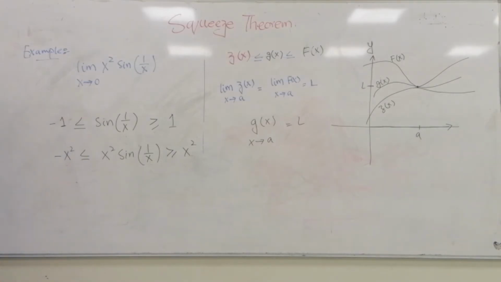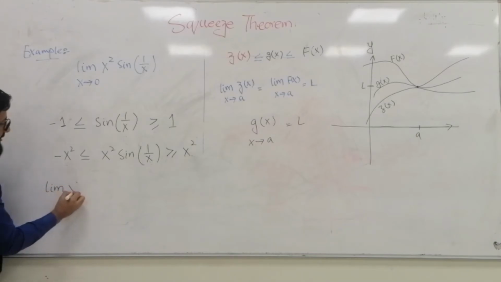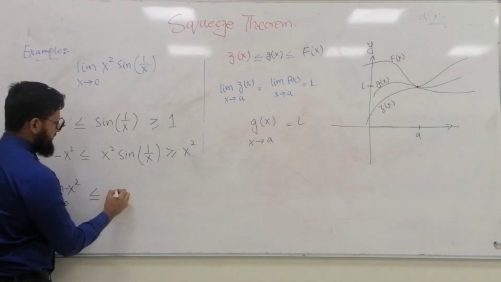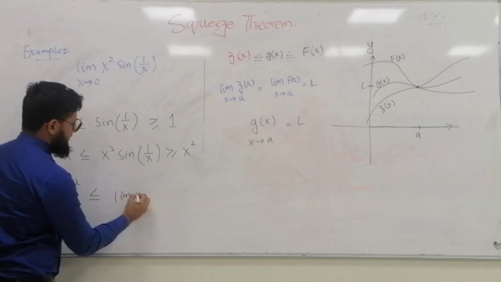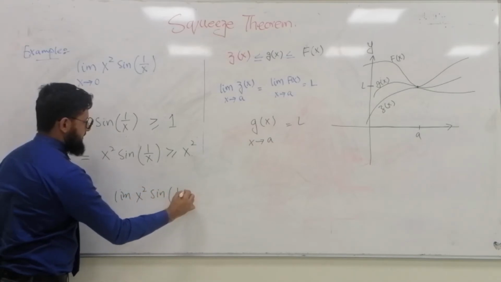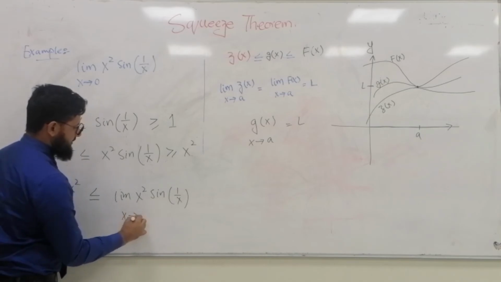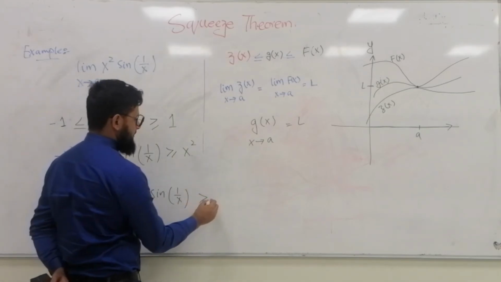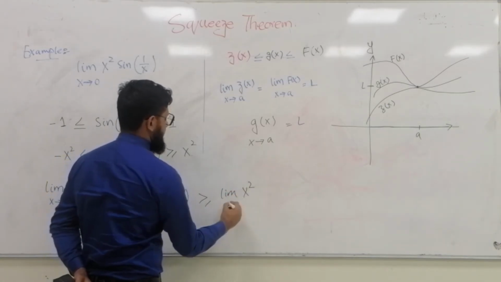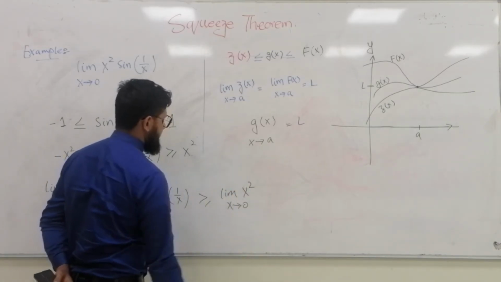Okay, now let's apply the limits that we want to find. Now apply the limit on each one of them, right? Limit of minus x squared when x approaches 0. Limit of x squared sine 1 over x when x approaches 0. Limit of x squared when x approaches 0.